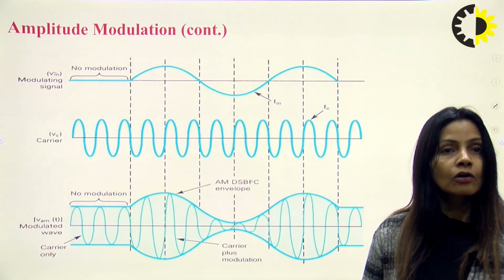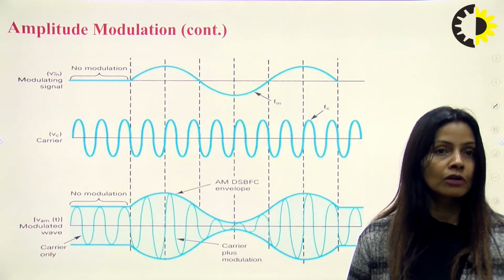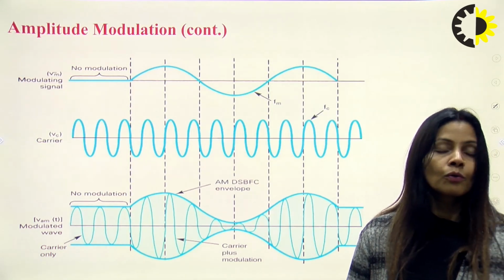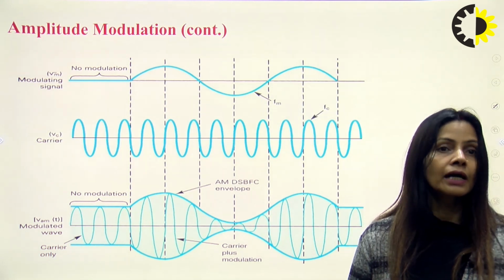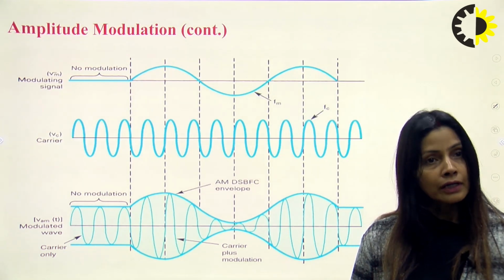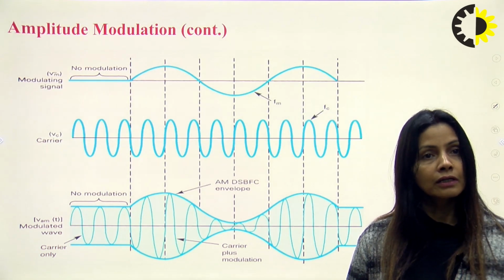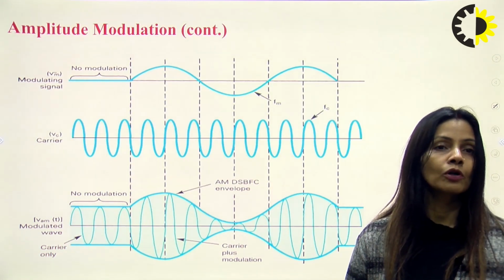So now coming to the amplitude modulation waveform, first of all we should understand what a modulating signal is, and then we will see the carrier waveform, and then we will see how we get the amplitude modulated wave.